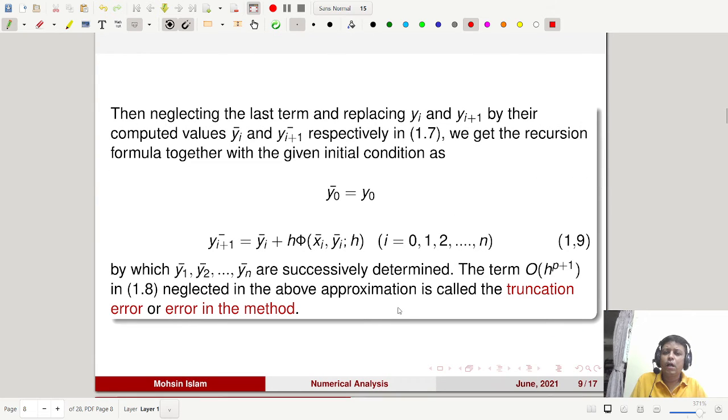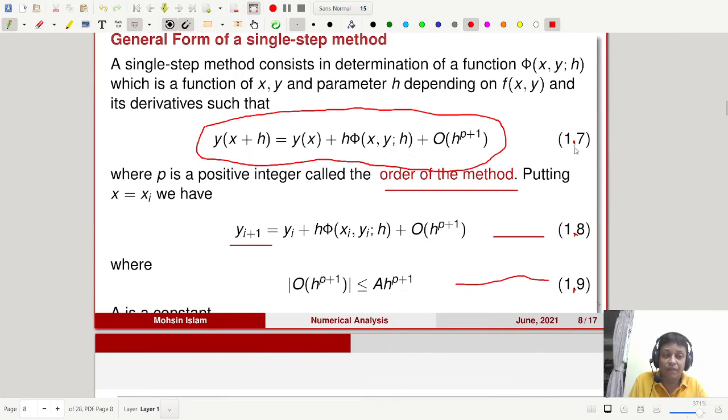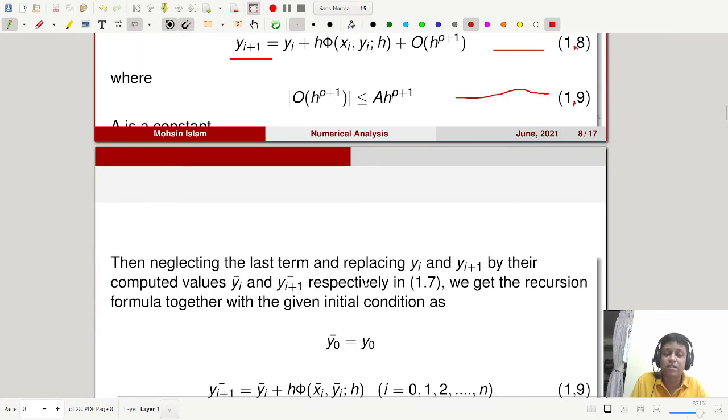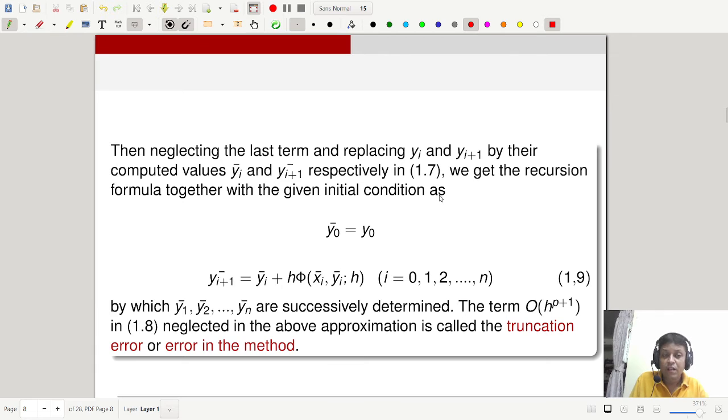Now, I am neglecting the last term because it is of order h to the power p+1, and replacing yi and yi+1 by their computed values yi bar and yi+1 bar respectively in 1.7. If you replace these values by bar, we get the recursion formula, together with the given initial condition y0 bar equal to y0.